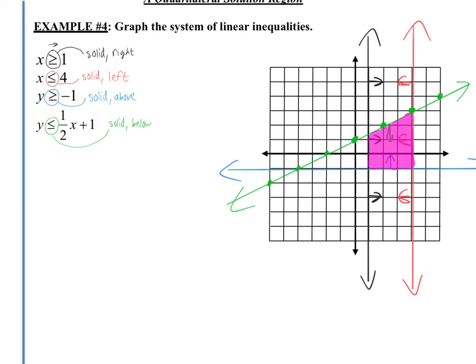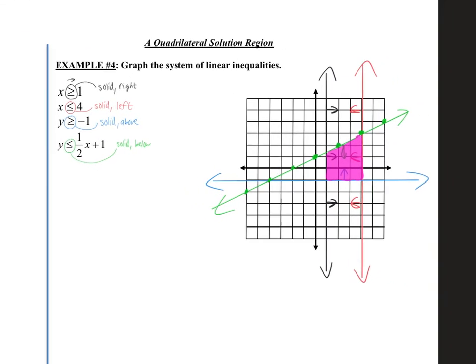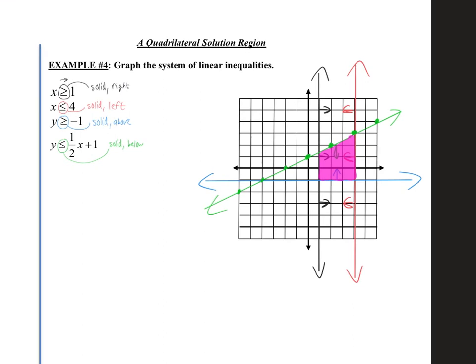All right, and that's the overlapping region between all the lines. It's below the green line, to the right of the black line, to the left of the red line, and above the blue line.